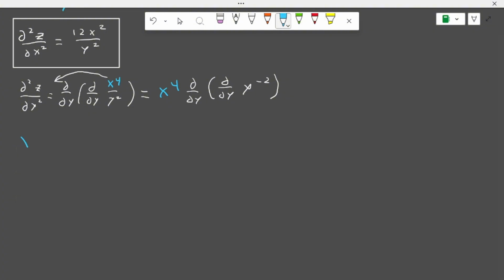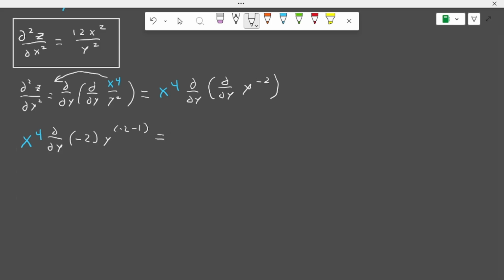We just use the power rule. So we have x to the fourth times the derivative with respect to y times negative 2y to the negative 3. I'll actually write this as negative 2 minus 1, which is equal to negative 3.